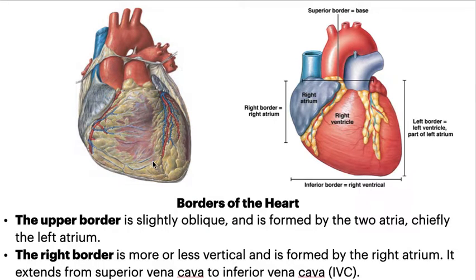The borders of the heart. The upper border is slightly oblique, formed by the 2 atria, chiefly by the left atrium. The right border is more or less vertical, formed by the right atrium, extending from the superior vena cava to the inferior vena cava.